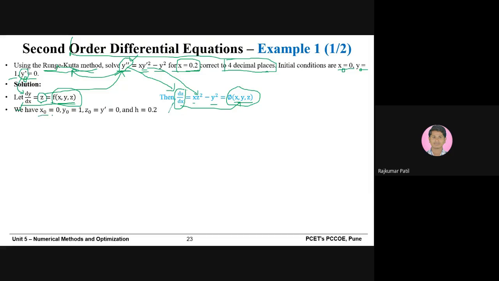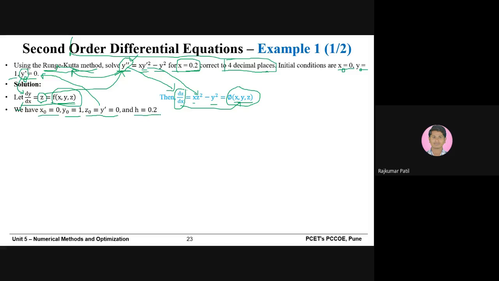Again, x naught is 0, y naught is 1, and z naught, which is equal to y dash, is equal to 0. Here you can see, as we decided to replace y dash by z, z naught is equal to 0. And we will take interval as 0.2.